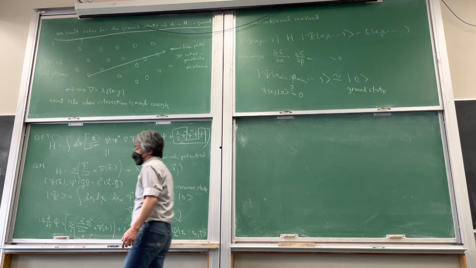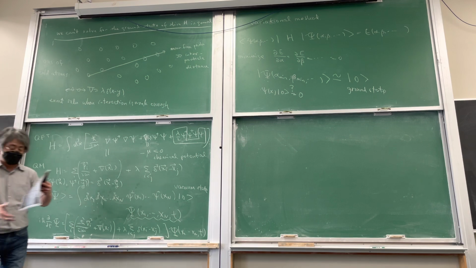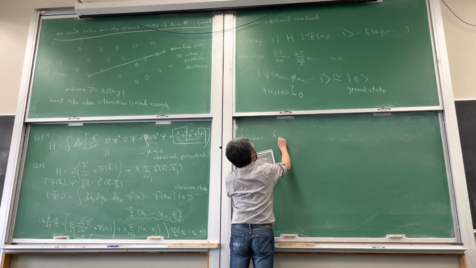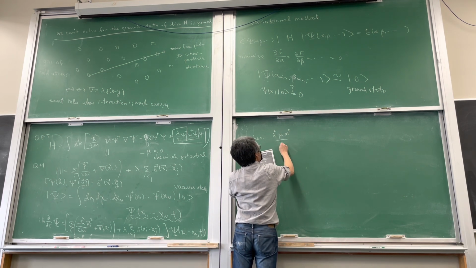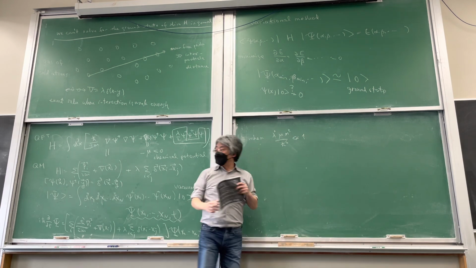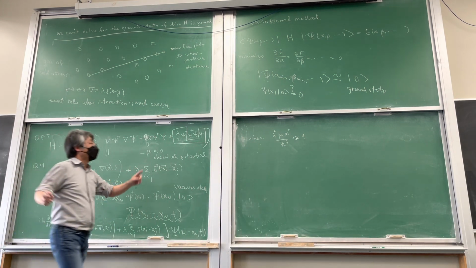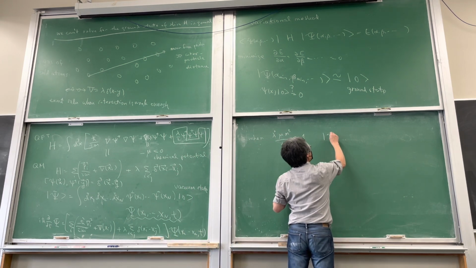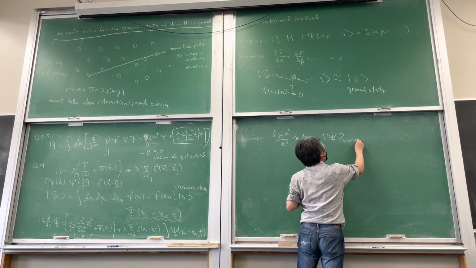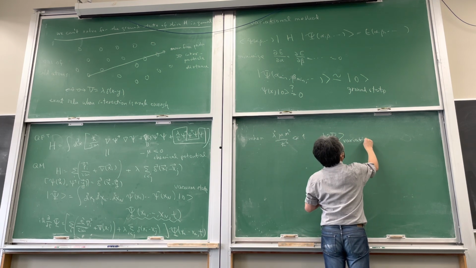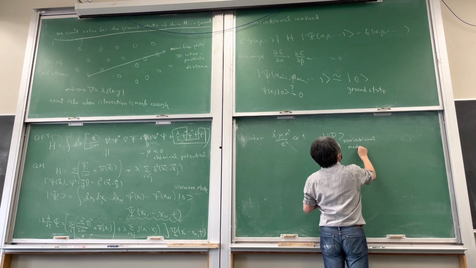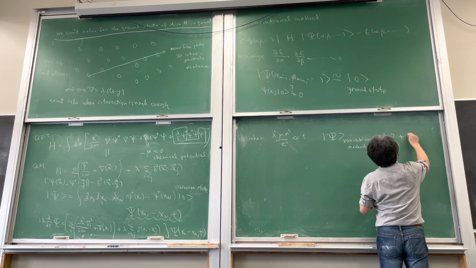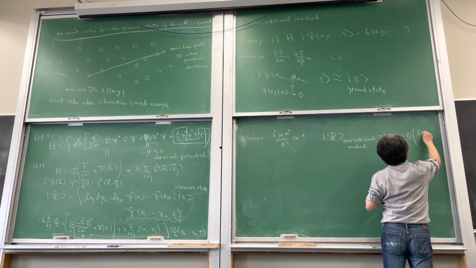So it turns out that when this combination, which I just erased, let me write this again, when this combination is much smaller than 1, it turns out that, I'm not going to show this on the blackboard, but it turns out that the psi you obtain from the variational method is indeed the ground state up to corrections in power series of this bracket.